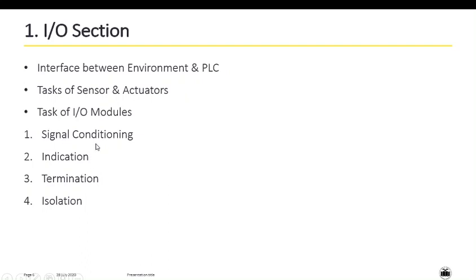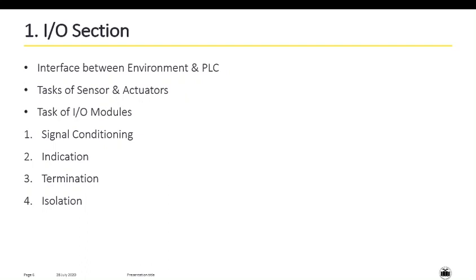Signal conditioning is that we have to convert signal into the appropriate format which is required by the PLC. Suppose a particular sensor is sensing the temperature and converting it into some kind of millivoltage, or we will consider it as 1 volt, and the input required by PLC is 12 volt.